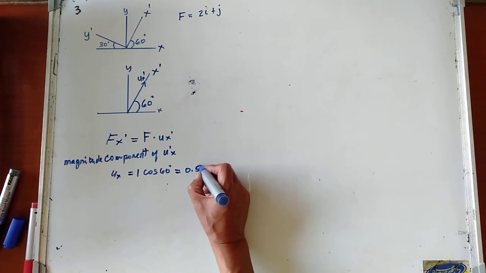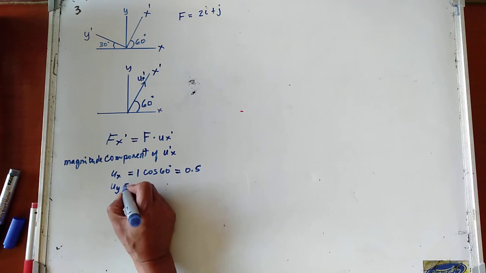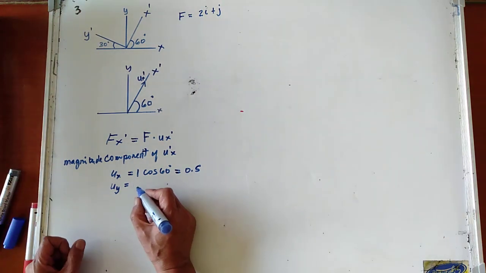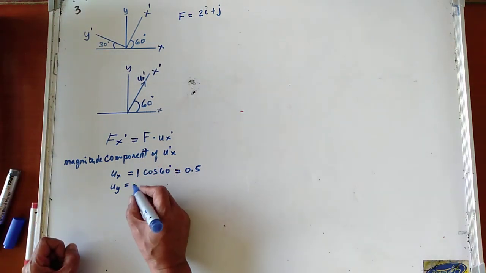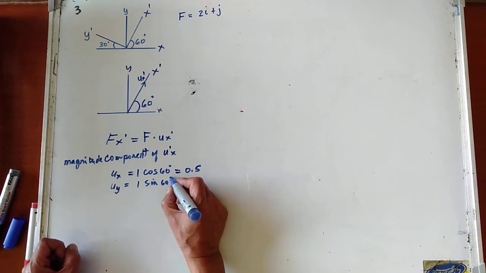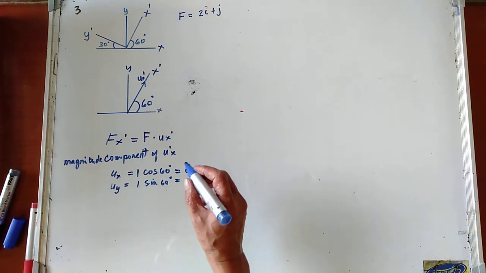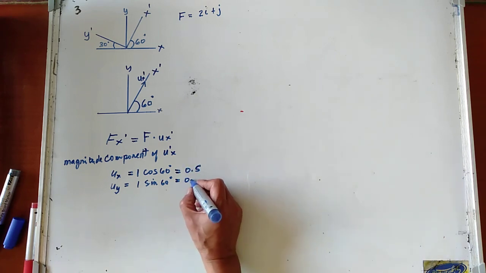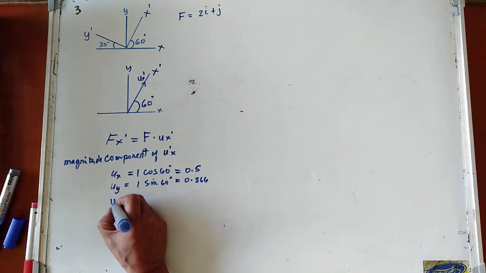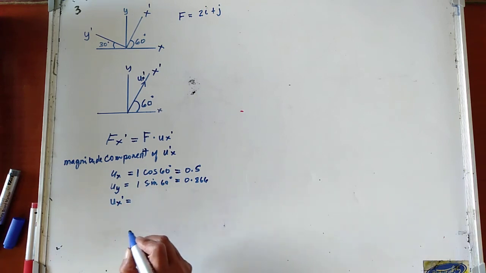The component of the unit vector in the direction of y is 1 multiplied by sine of 60 degrees, which is equal to 0.866.